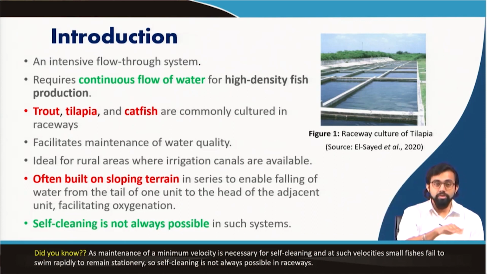Because of this stepwise nature, or because of this sloping terrain, it can increase the dissolved oxygen present in the water. How can it increase? If there is more splashing or more water dropping, like this nappe flow, if we can maintain it, the water will get more specific surface area.